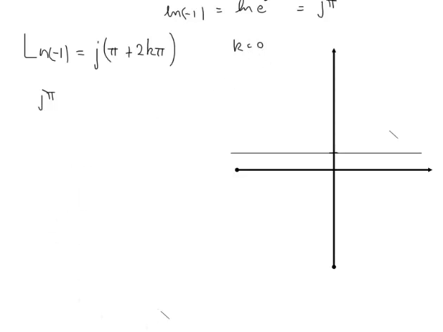Let's talk about k equals to plus or minus 1. What are we going to do here? Let's take 1 first of all. We are going to get 2 pi, plus that 3 pi. So we're going to get y equals to 3 pi.